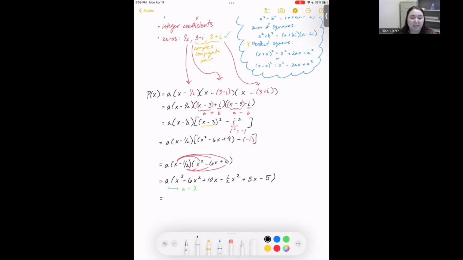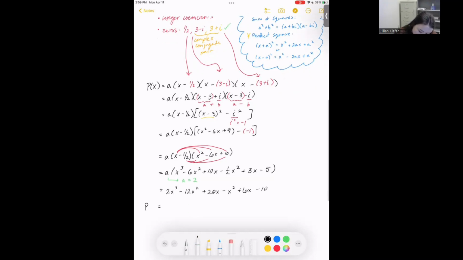So we'll multiply 2 by every term in our expression here. We'll have 2x cubed minus 12x squared plus 20x minus 1x squared plus 6x minus 10. And now we can combine our terms without having to worry about fractions.